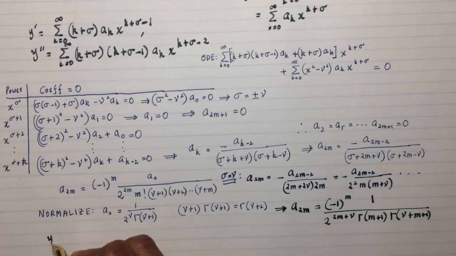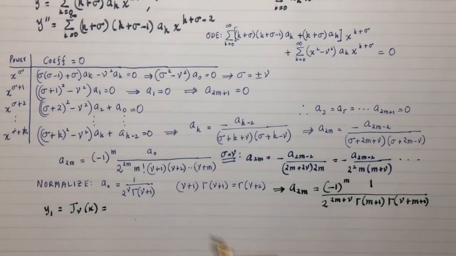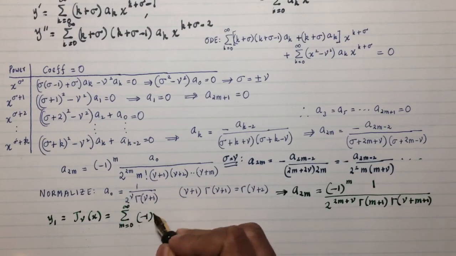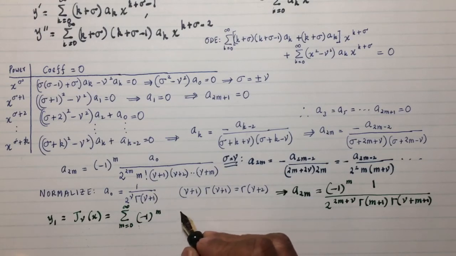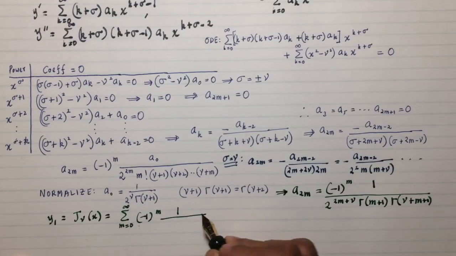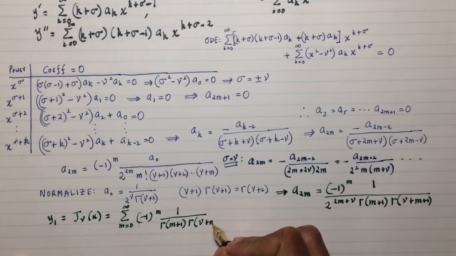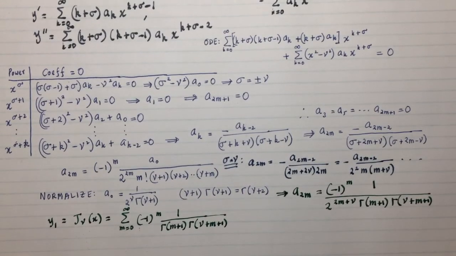So the first solution, y1 equals j nu x, and it's going to be the sum of all these coefficients times x to the k plus sigma.